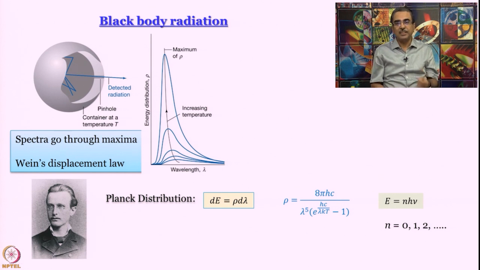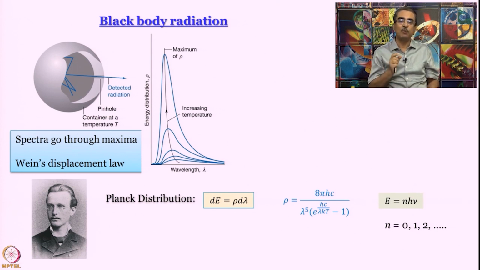So, to answer this question, Planck proposed another model, and he found that the only way you can provide a theoretical description of the spectrum of a black body is to consider that energy is quantized. Rho here is energy density. So, you see something like e to the power hc by lambda kT there, hence we get E equal to n h nu, that means energy is quantized.